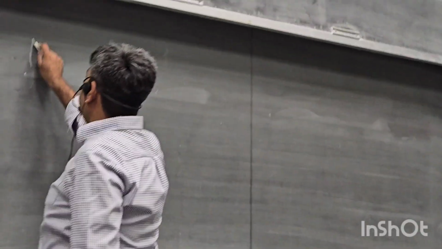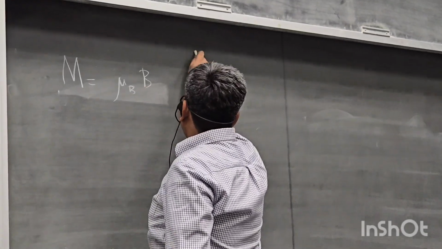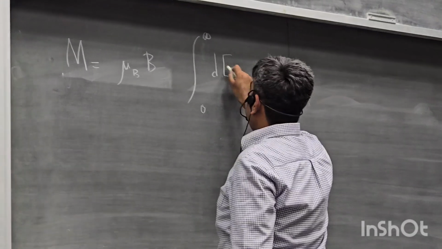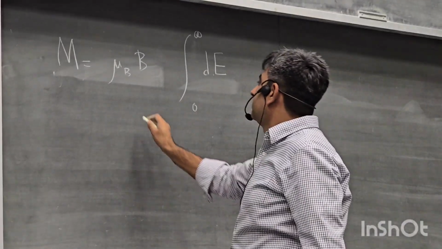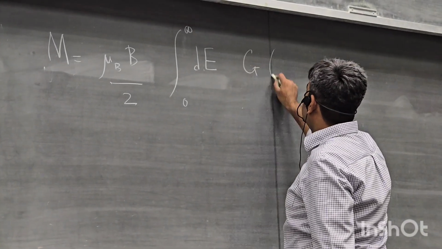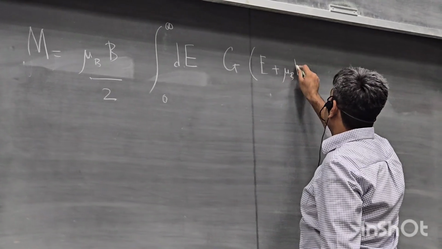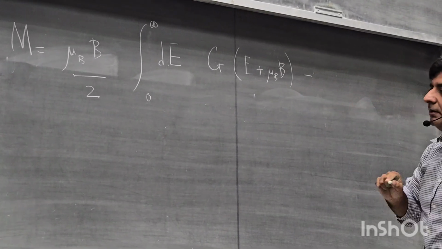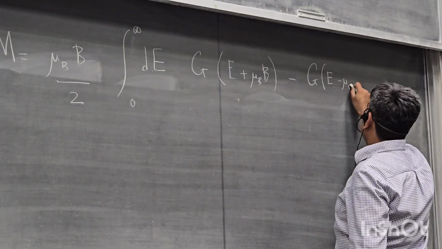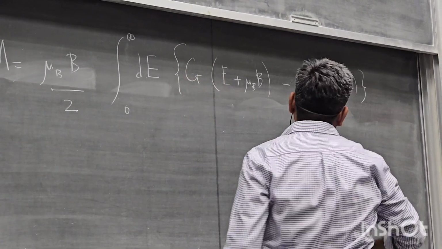So M is mu B integral from 0 to infinity dE of G(E + BB) minus G(E - BB). Correct?